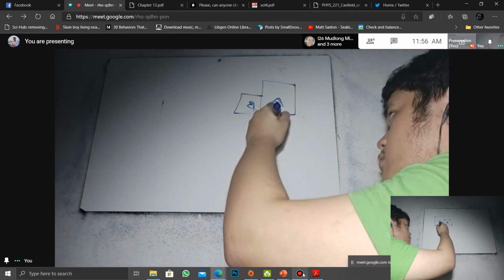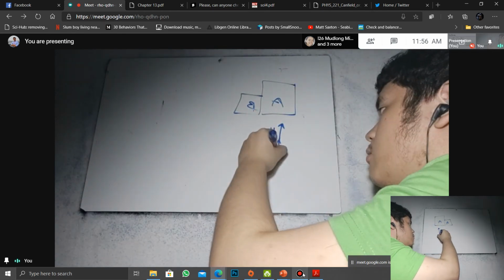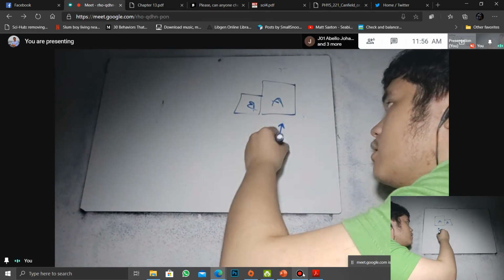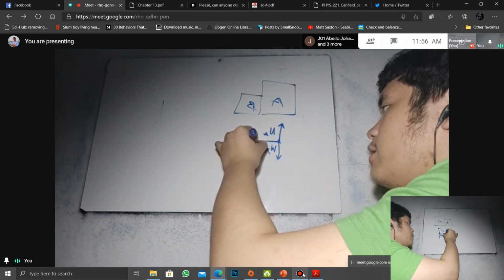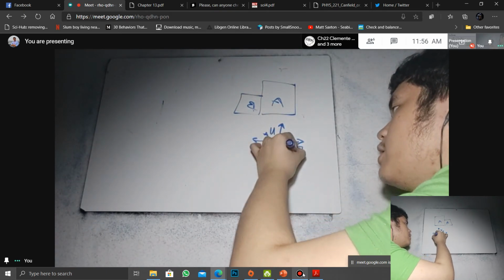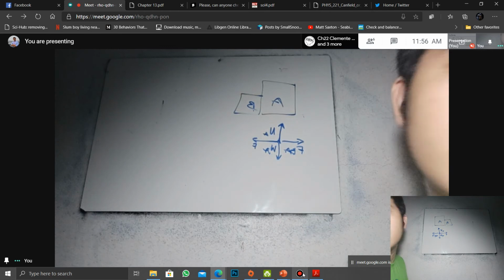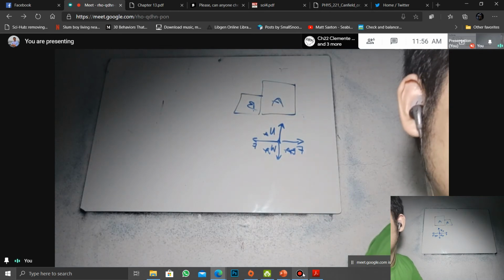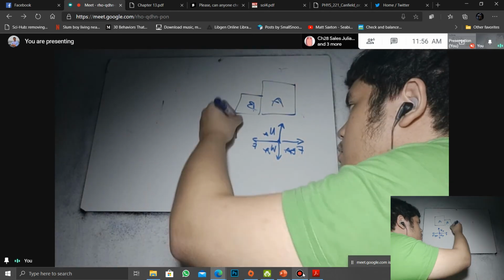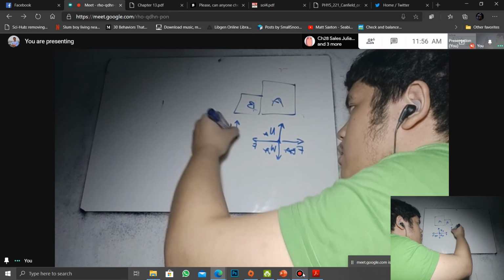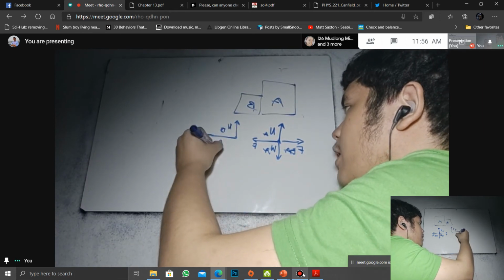N, weight A, NA, applied force, B on A. Next, here in B, NB, FA on B, weight B.